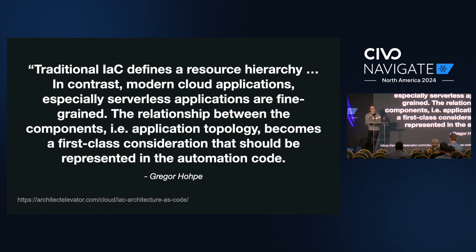In contrast, modern cloud applications, especially serverless applications, tend to be more fine-grained. And the relationship between components becomes more of a first-class consideration that should be represented in automation code.